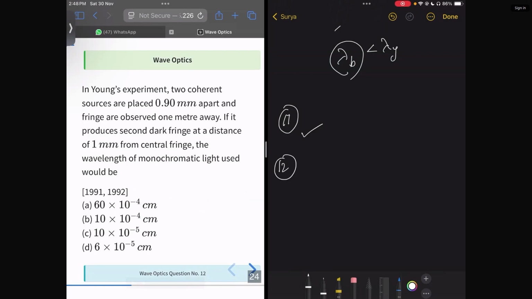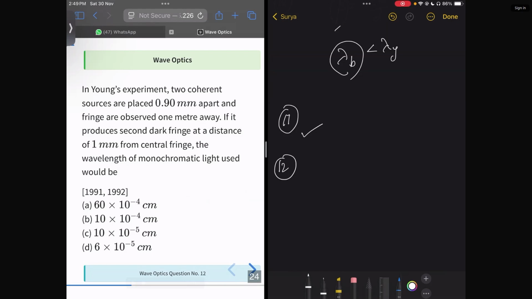So coming to the next question. In Young's experiment, two coherent sources are placed 0.9 mm apart and the fringe is observed 1 meter away. It produces a second dark fringe at a distance of 1 mm from the central fringe.